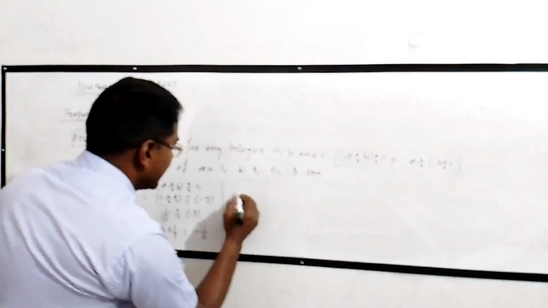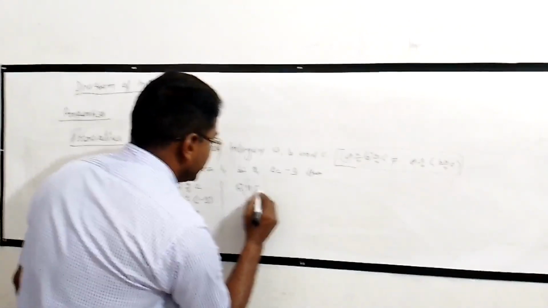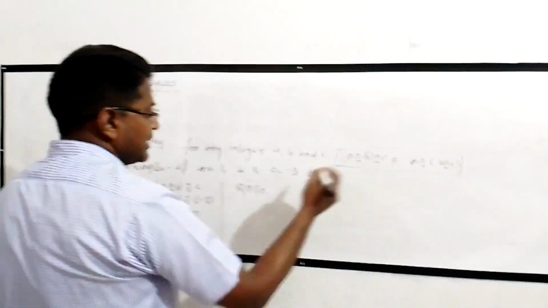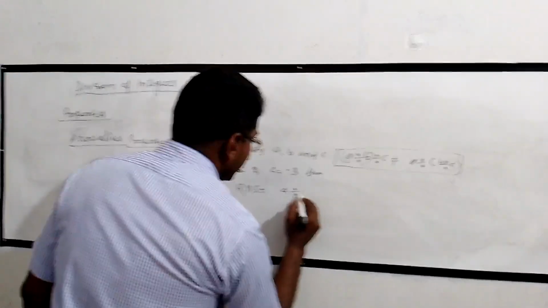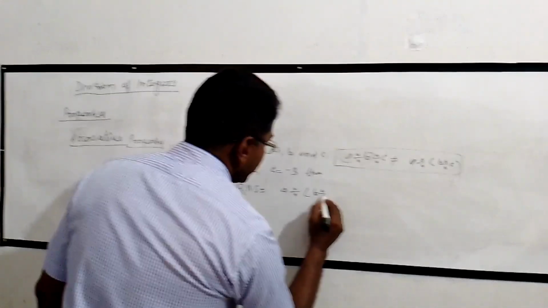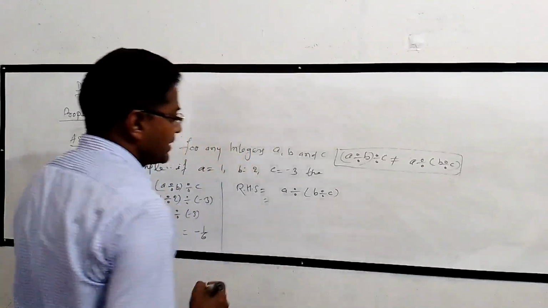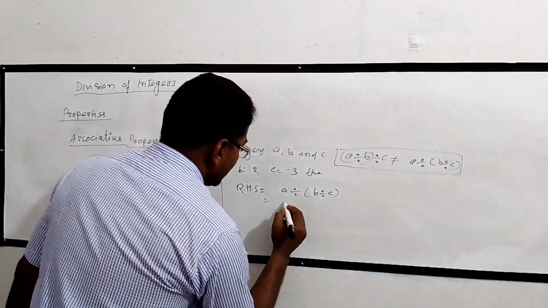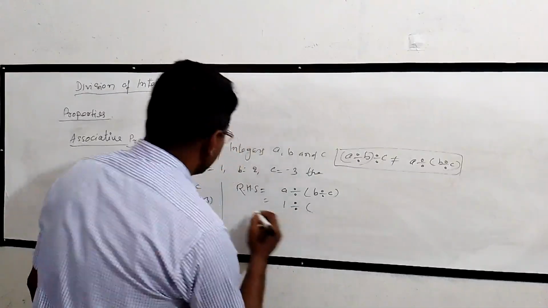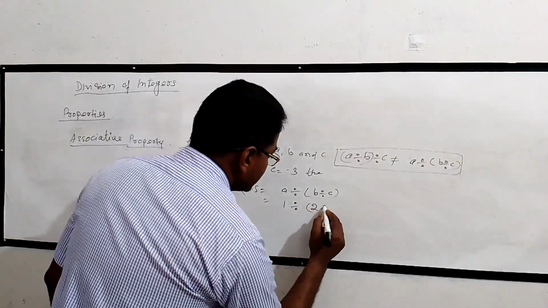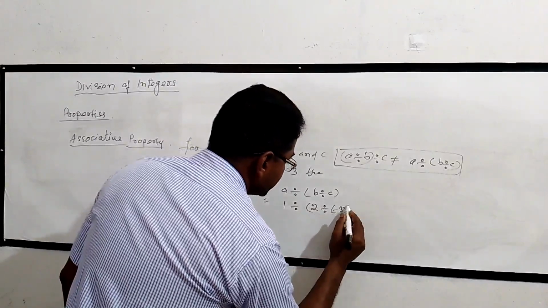Now take the right hand side. Here you will get a divided by (b divided by c). Put the values of a, b and c, you will get 1 divided by (2 divided by minus 3).